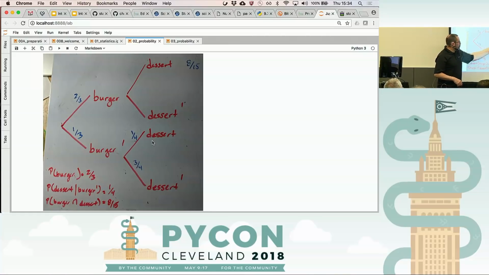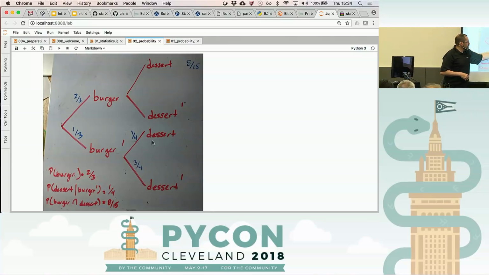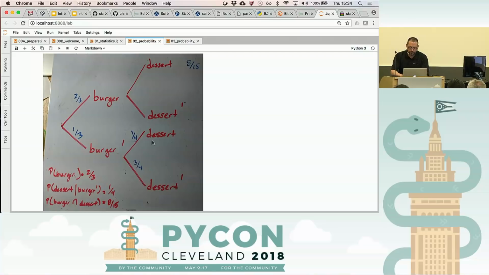Probability that they didn't eat a burger but they ate dessert is 1/4. And the probability that they had a burger and dessert was 8/15. We know that this and this have to equal 1, so I can go ahead and start to fill this in. We know that this and this must equal 1, so I fill in the extra value. So we're moving along, making good progress.